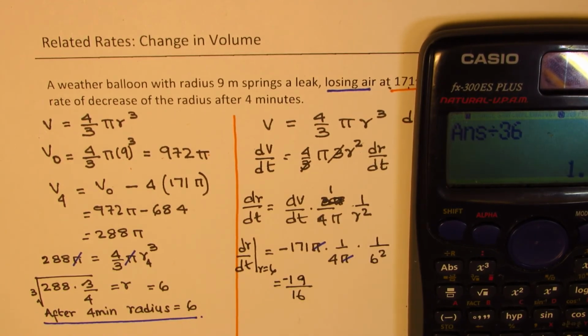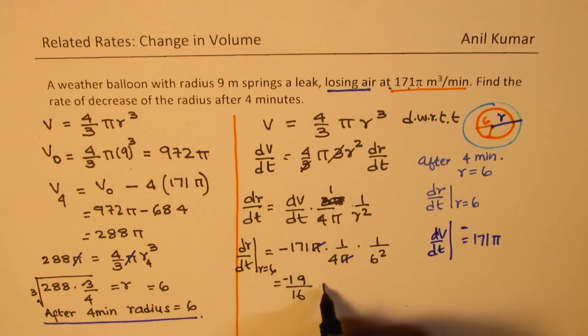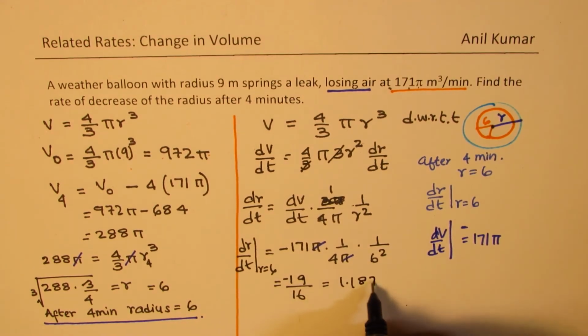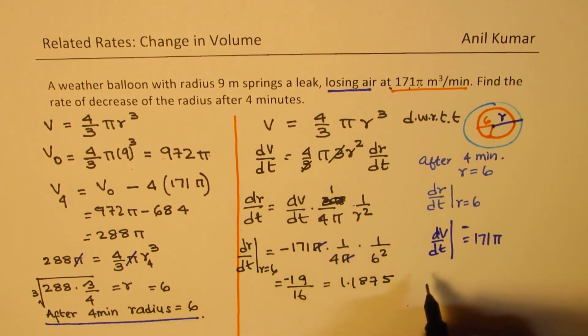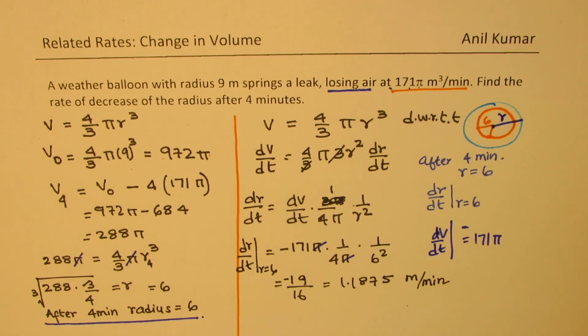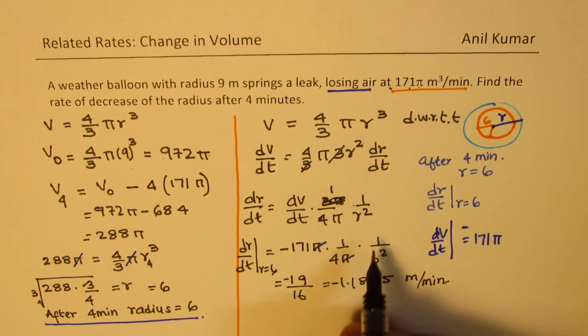In decimals, it is 1.1875 meters per minute. So the rate of change of the radius with time will be this number, which is 1.1875 meters per minute. Is that clear to you? And since it is negative, it is reducing.